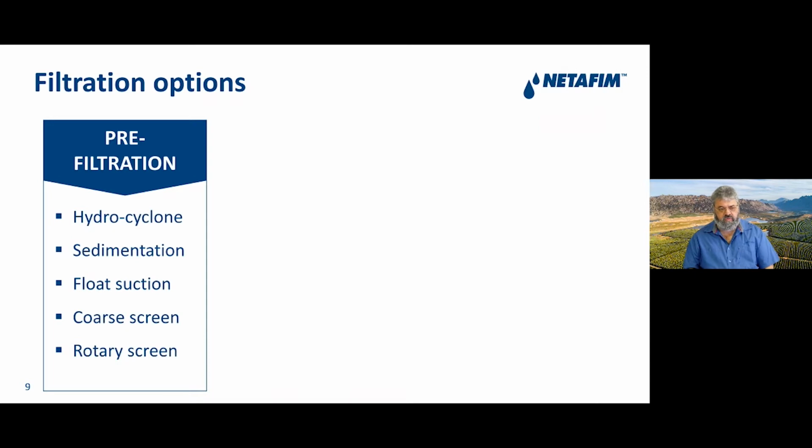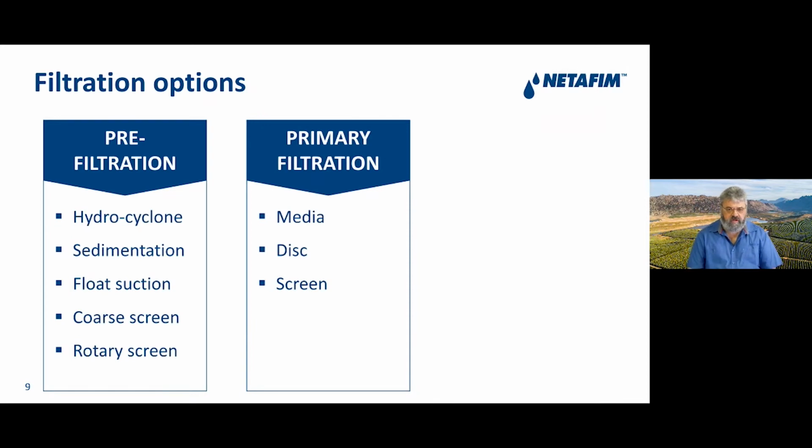The reason you do pre-filtration is, if it's required and you don't do it, you can select a filter, but the filter will work extremely hard and it will increase your maintenance requirement and the possibility that you will have a failure during the season.